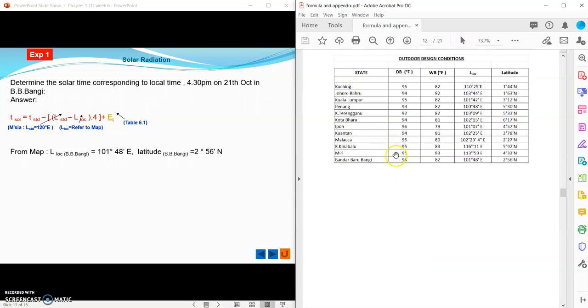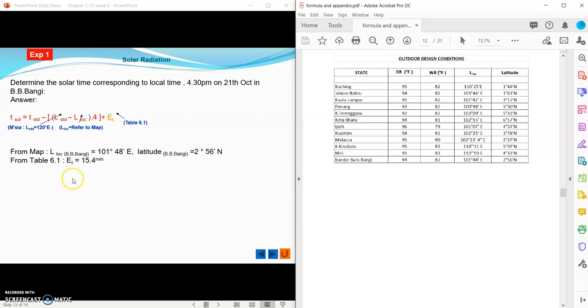Just find from the table 4 in page 12, Bandar Baru Bangi. L location is 101 degree 48 minute east, and the latitude is 2 degree 56 minute north.